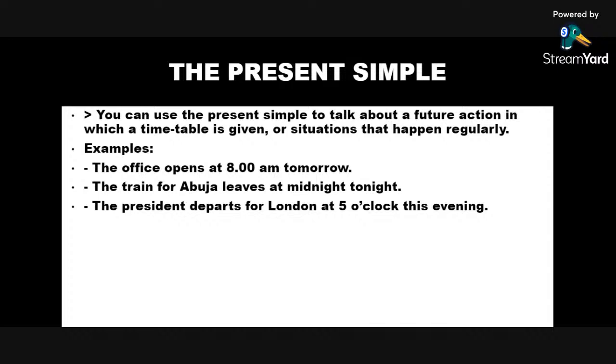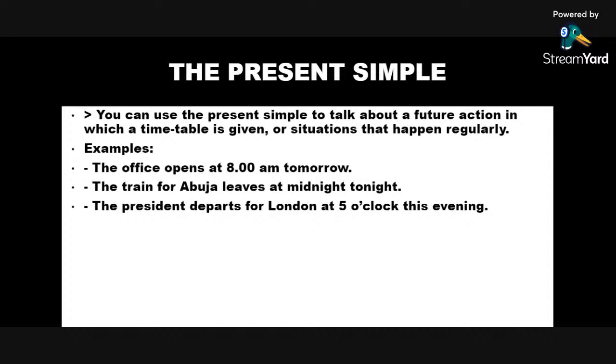They are actually in the future. Ordinarily we use the simple present tense to talk about things that happen in the present time. But then we can use the same tense to talk about something that has not yet happened and is not happening yet, but is going to happen in the future. We can talk about it because it's something that is already in the timetable. There's already a given timetable for it.